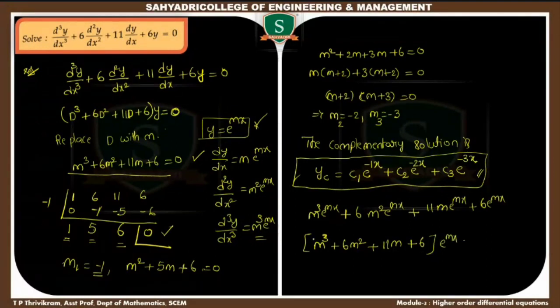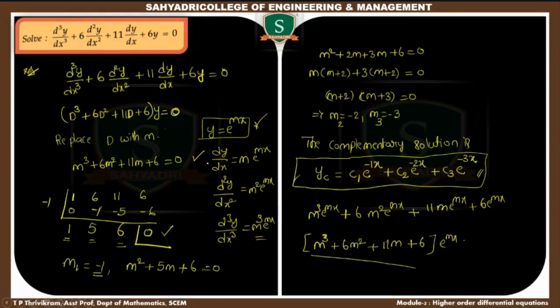So what is this actually? This is the auxiliary equation only, na? How do you get this auxiliary equation? By taking the assumption of solution as y equal to e power mx. So that's why we replace d with m.